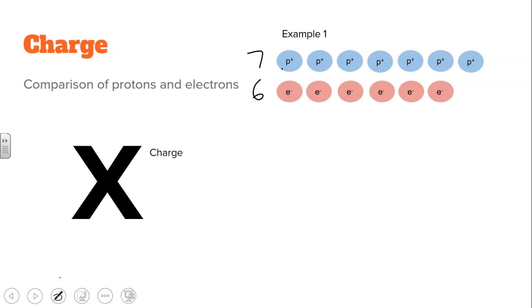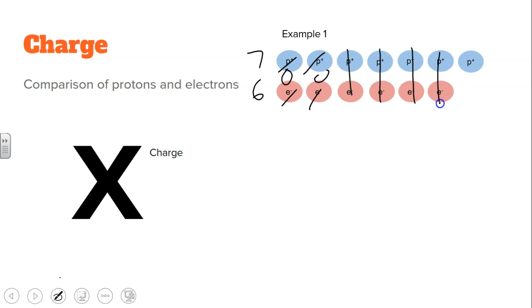To determine the charge, we're going to compare these. Keep in mind that the relative charge of a proton is +1 and the relative charge of an electron is -1. So for charge, these two will cancel each other out and create something that's neutral. These cancel, these cancel, these cancel.